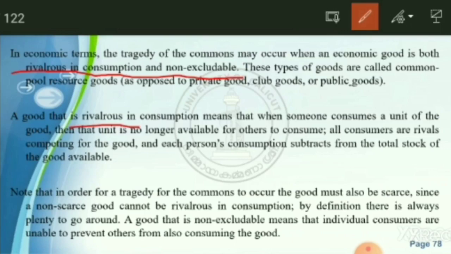But for a public good, is that possible? No. I am enjoying the street light. I am consuming the street light without any currency, without any cost, right? So for that reason, it is a public good.